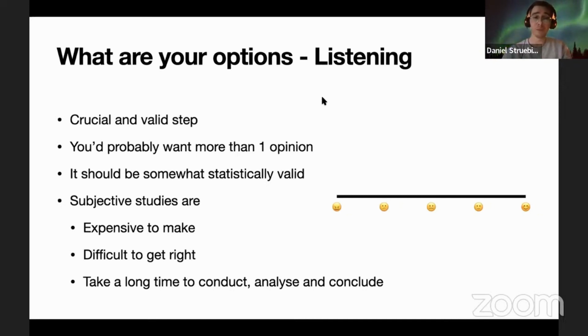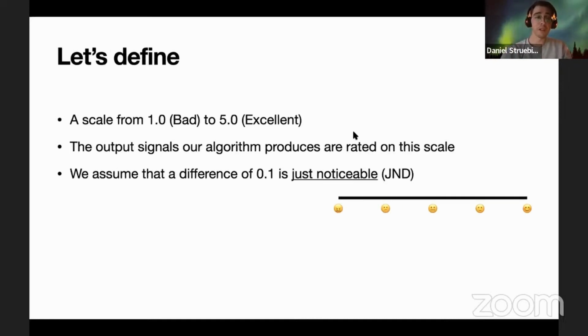So we can keep some definitions, and we are going to define what is otherwise known as a MOS scale. MOS stands for mean opinion score. So it's basically the average rating of an average listener to a degraded signal, and we can define that scale from 1.0, which is extremely bad, to 5.0, which is extremely excellent, best of all worlds.